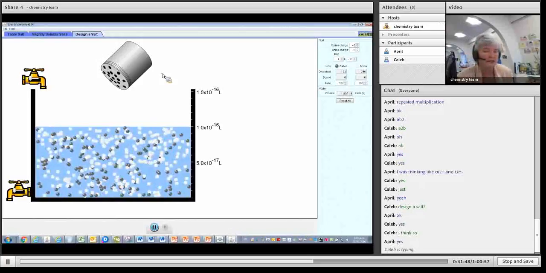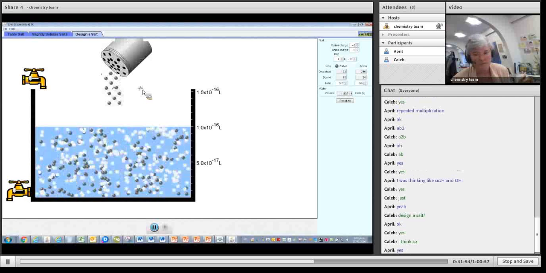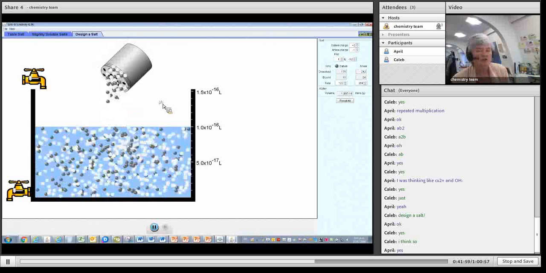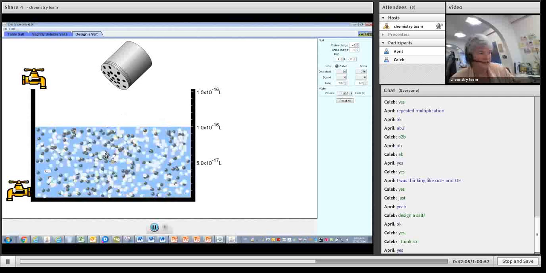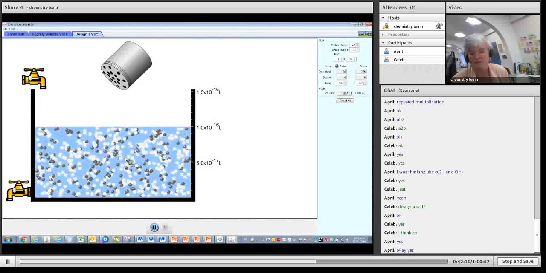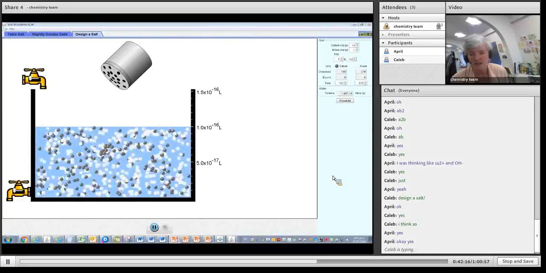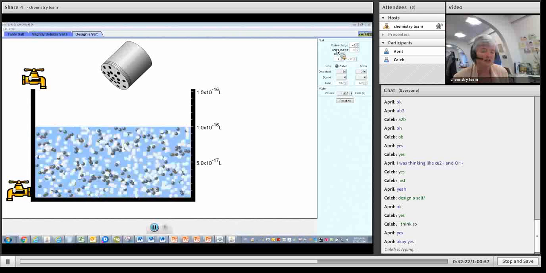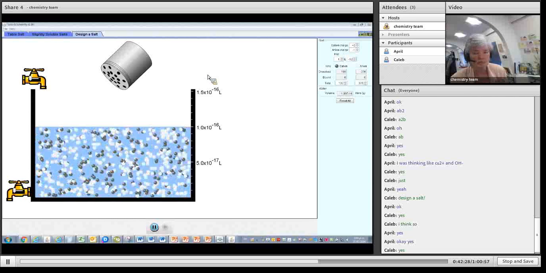You can compare a KS value of an AB with another AB salt, or you can compare a KS value of an AB2 with another AB2, but you can't compare an AB2 with an AB, because can you see, it's still dissolving. So this is a very soluble salt, even though the AB wasn't. Does that make sense? It's because, remember, you're multiplying those concentrations and you're squaring them, so it's going to affect things. So I just wanted to point that out.